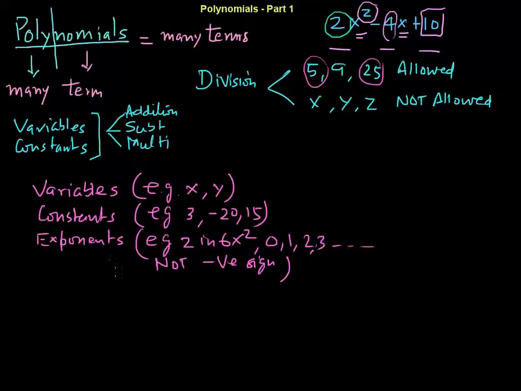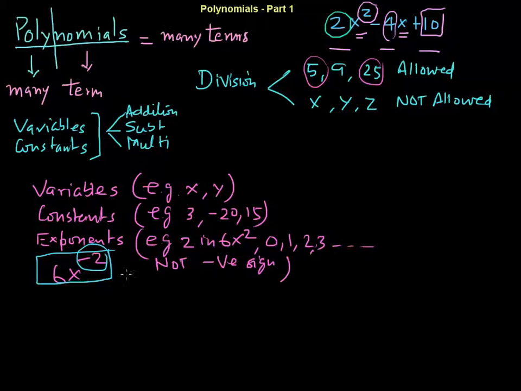For example, if I have 6x to the power minus 2 as a term in your polynomial function, then this term is not allowed because it contains minus 2. That's why exponents with a negative number are not allowed.